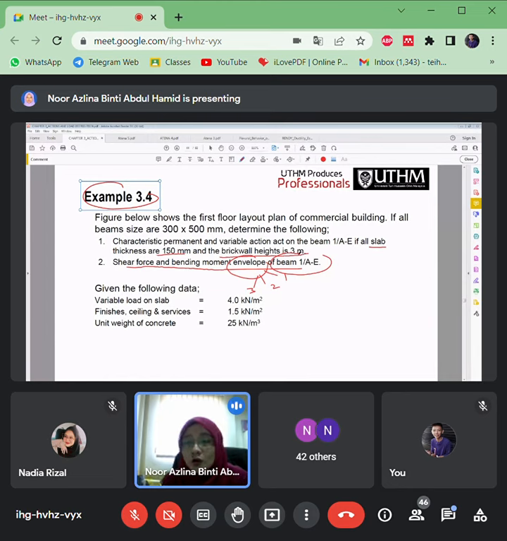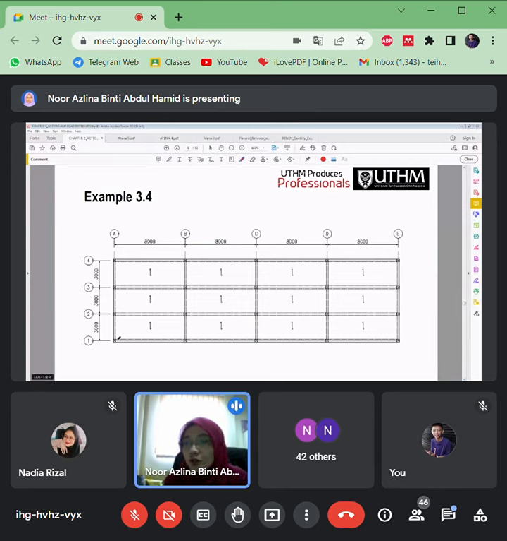So the brick wall that the beam should support, and also the thickness of the slab. That means there will be slab distributions to beam 1A to E. So beam 1 here, A to E, this is the beam in focus.